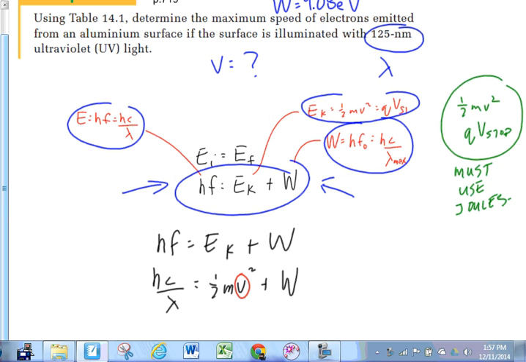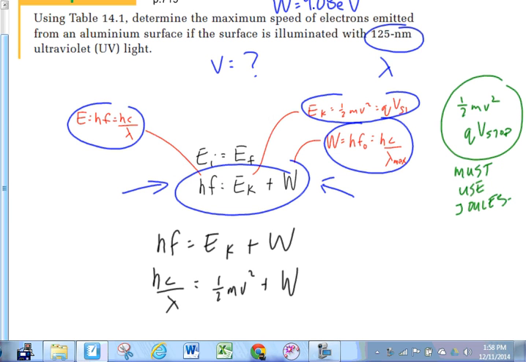So if I left the equation like this, I could use electron volts or joules, whatever I want. But as soon as I introduce 1/2 mv squared into that, I got to use joules.